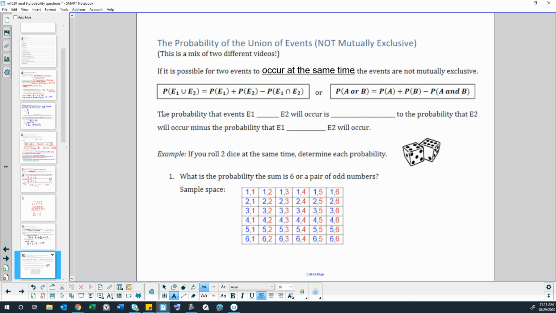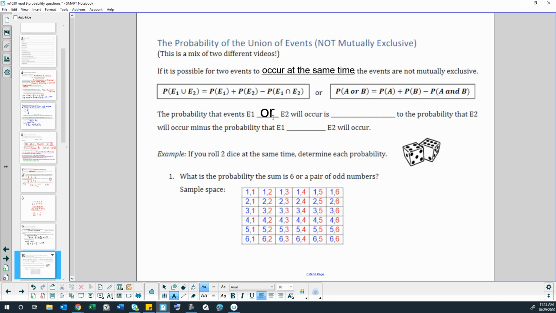Okay. The probability that events E1 or E2, now the use of the words or and and is really important to understand the difference. The word or means union, and that includes everything. The word and is just where the two things overlap. We can talk about that in terms of a Venn diagram in a second.